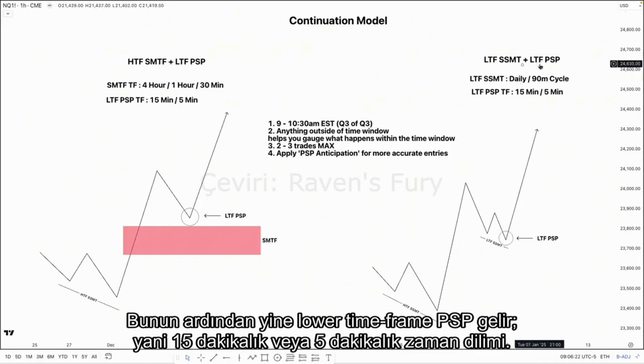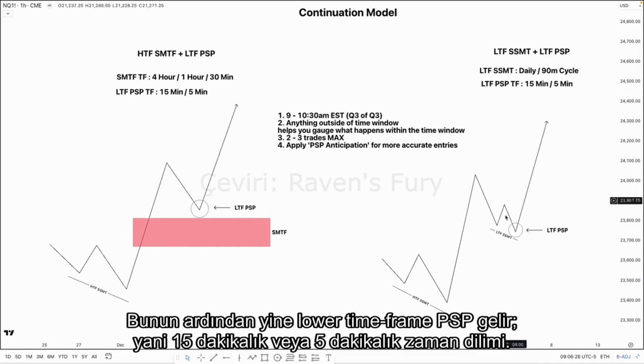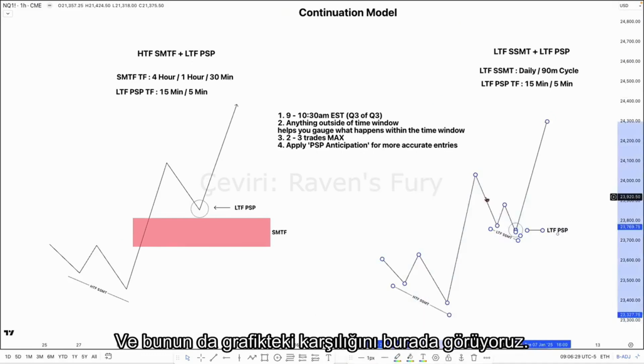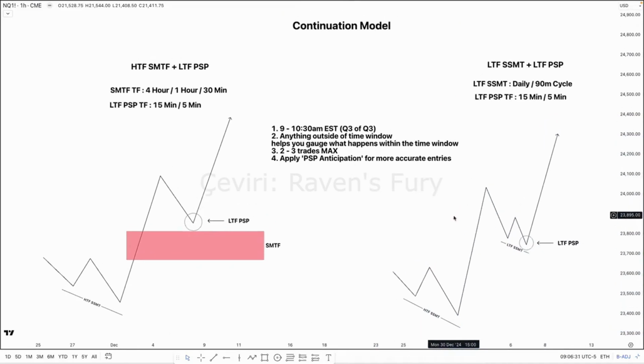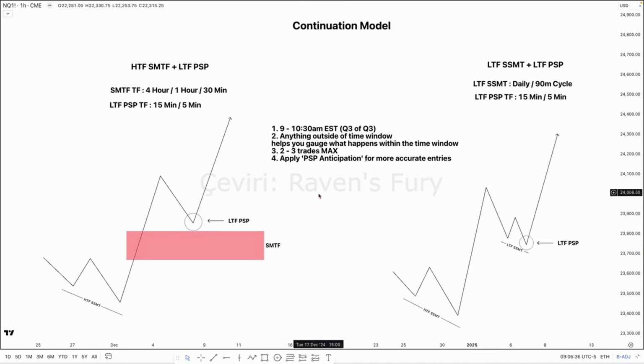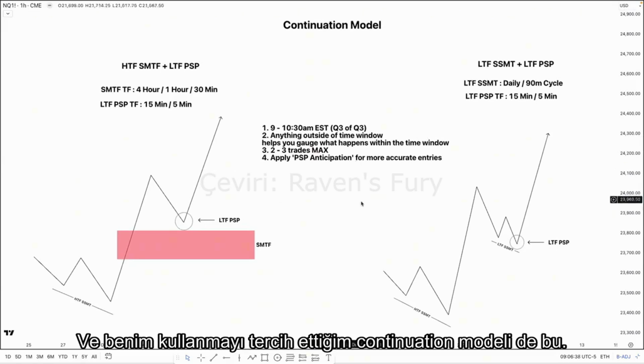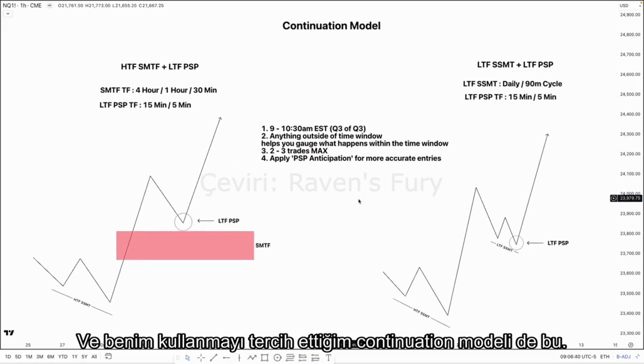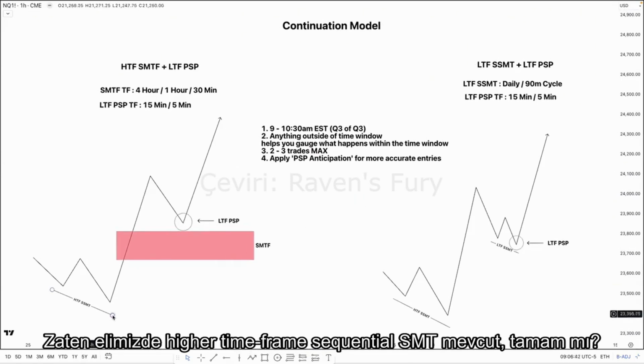And then we have our lower time frame PSP again, the 15-minute or 5-minute time frame. And we have this here. And then we have these other rules as well. And this is the continuation model that I like to use. And we already have our higher time frame sequential SMT. Okay?